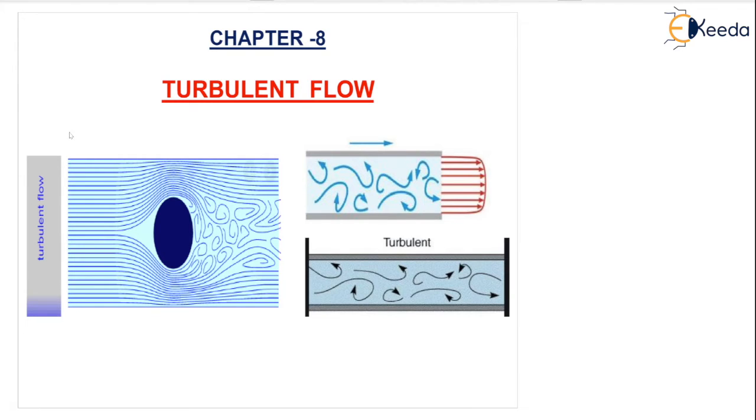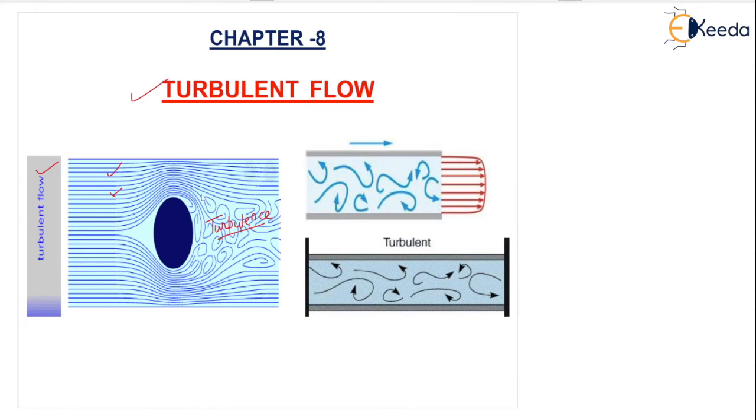So in the diagram you can see here in turbulent flow, this is the oval object, a solid object, and these are the streamlines. These streamlines pass over the oval solid object, an obstruction, and the flow gets separated at the other side of the body, and this is called turbulence.